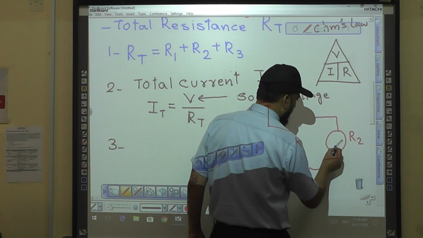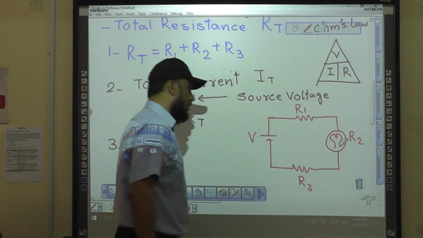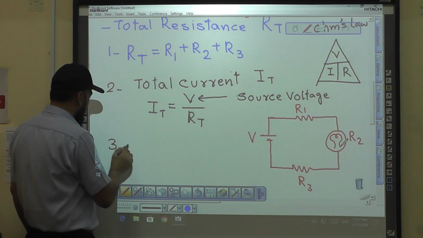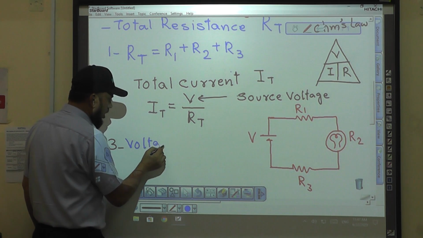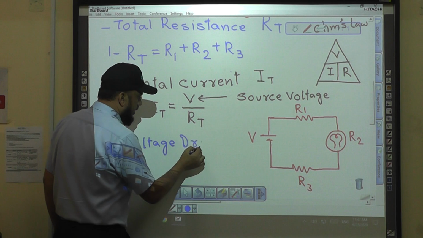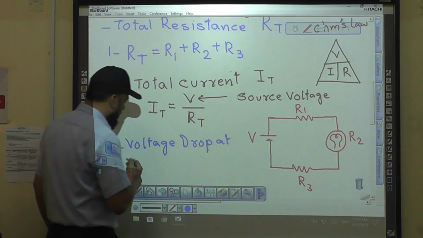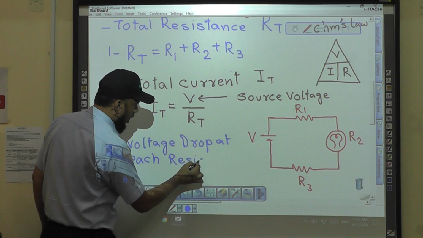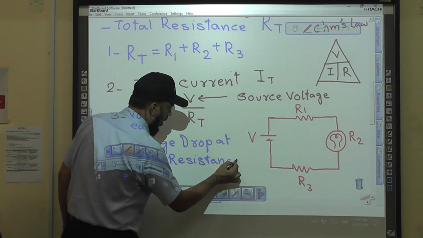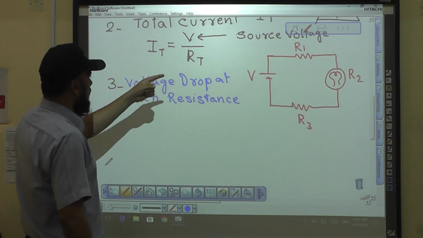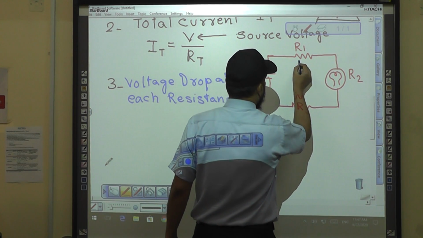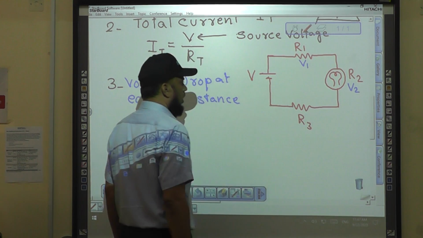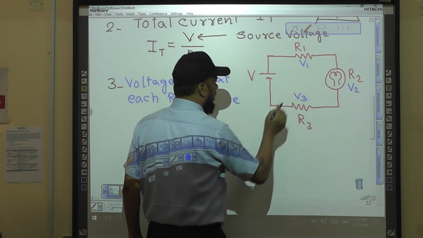Now the voltage drop at each resistance: say the voltage drop at R1 is V1, at R2 is V2, and at R3 is V3.